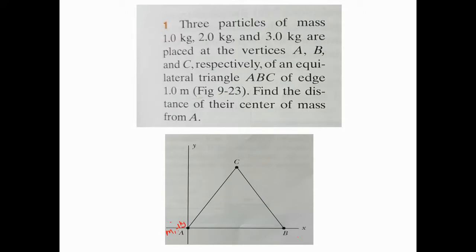And I place the second mass at B, which is 2 kilogram. And then the third mass I place at C, which is 3 kilogram, as per the information given by the question.